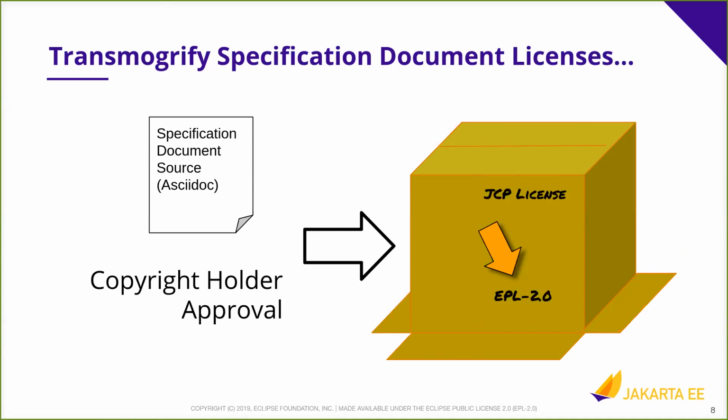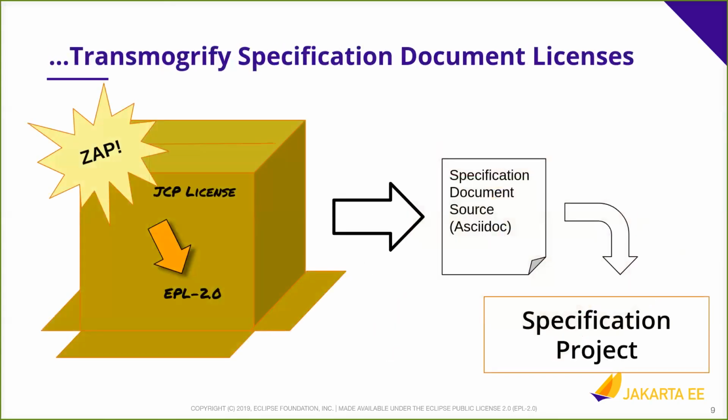So I have those in my possession, and as we clear these documents, as we have all of the agreements in place from all of the potential authors for these documents, we are going to throw them into our transmogrifier and translate them into an EPL 2.0 license, and then contribute them to the corresponding specification project that we created in the previous step.